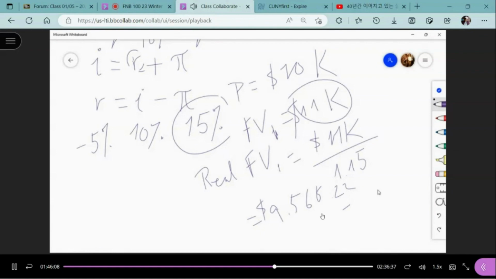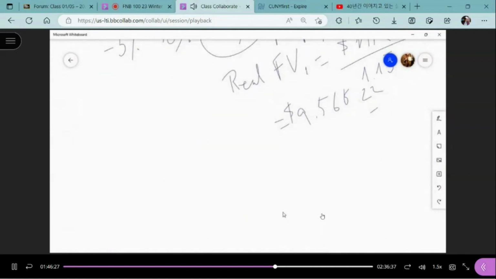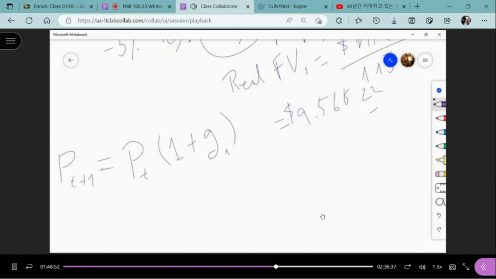Why? Because inflation is the growth rate of the price level. Remember the house value example? The value of the house at time t plus 1 is the price of the house at time t times 1 plus the growth rate in year 1.